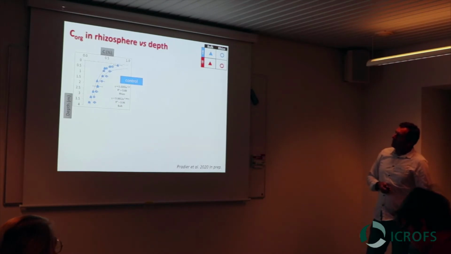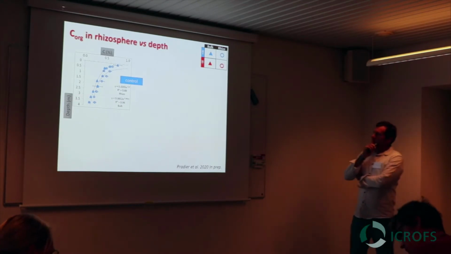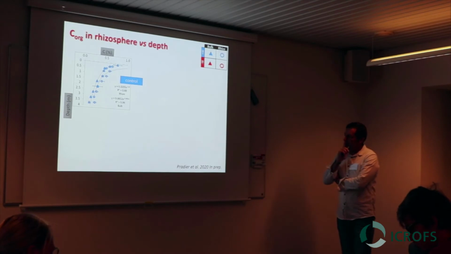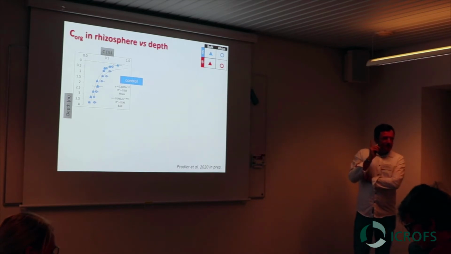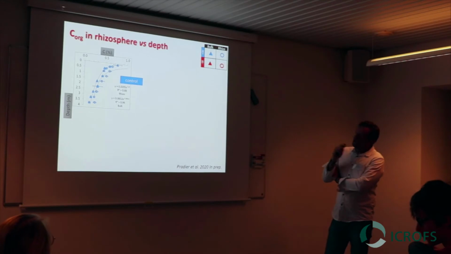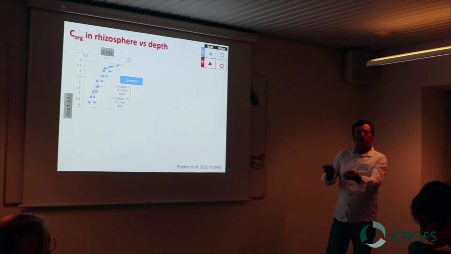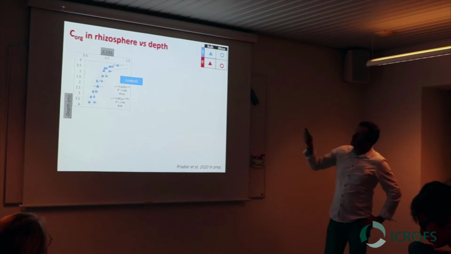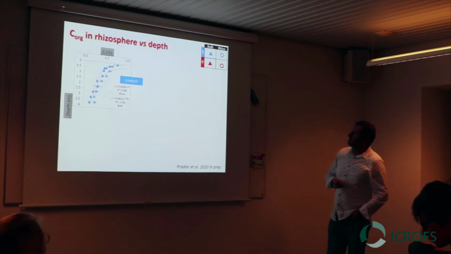Now I want to present some results in eucalypt, also in Brazil, but looking at the rhizosphere. In this plantation, we create a drought effect by removing 1/3 of the precipitation. And here is the control, the normal condition.